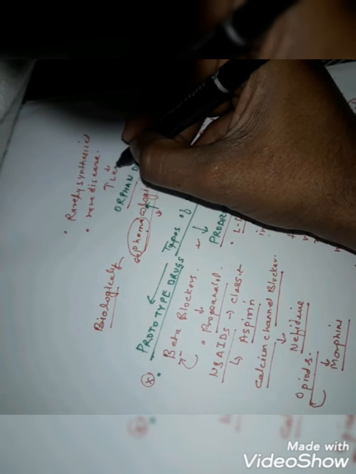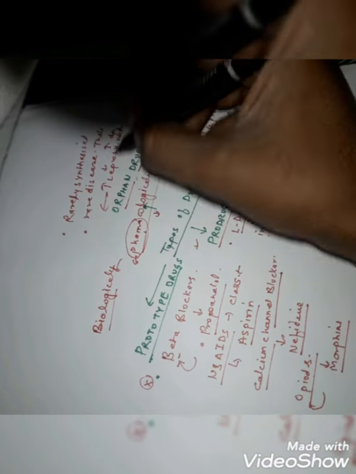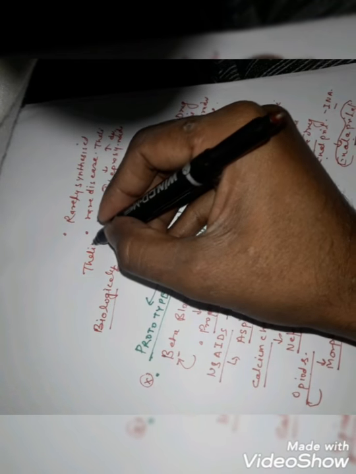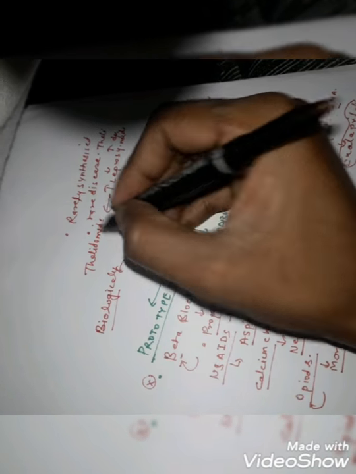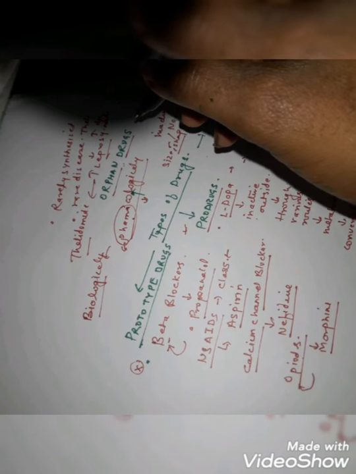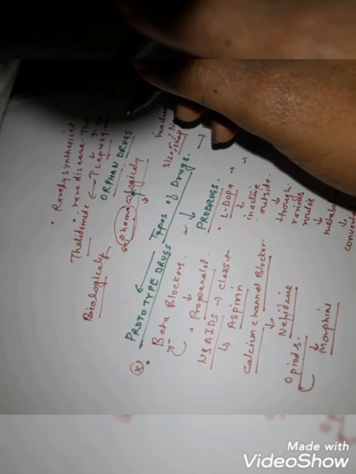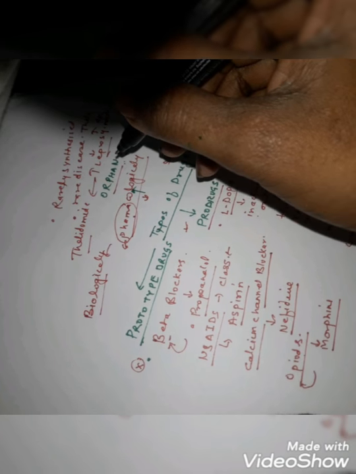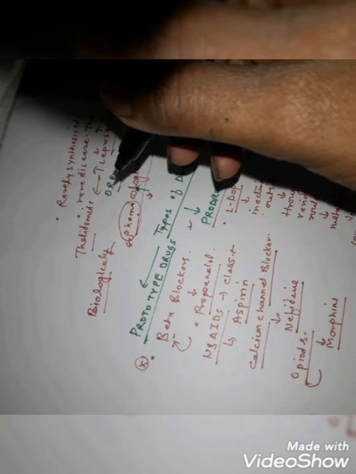Leprosy is a very rare disease, and for this thalidomide is used. The chances of this disease occurring are very uncommon, so this type of drug is synthesized in very low amounts.